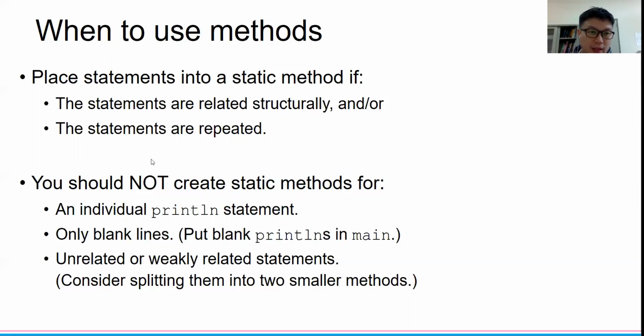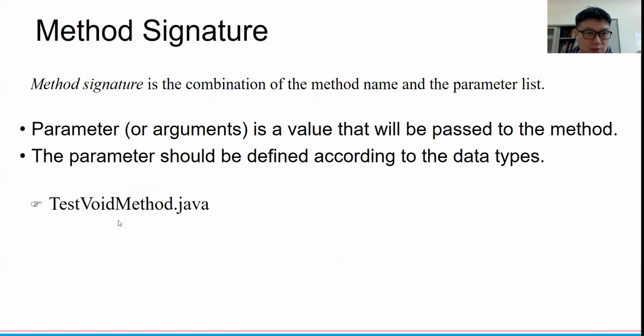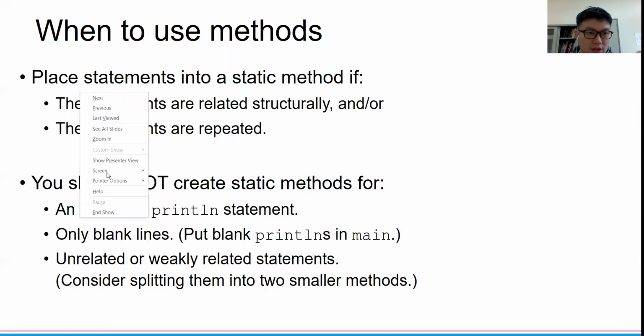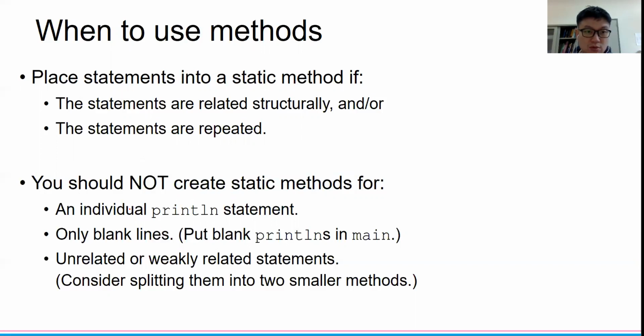For example, if your method is only individual println statements, then you don't need to. For example, if your method is only System.out.println, it's not necessary. Or if it is only blank lines, like this one, you don't need to do that.